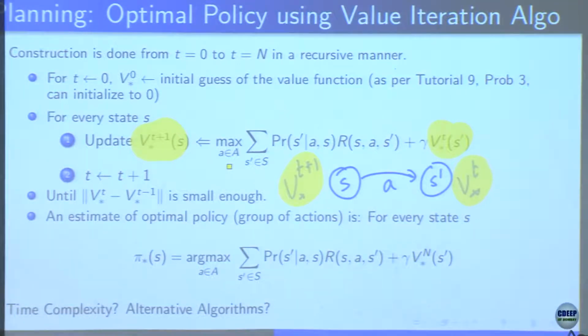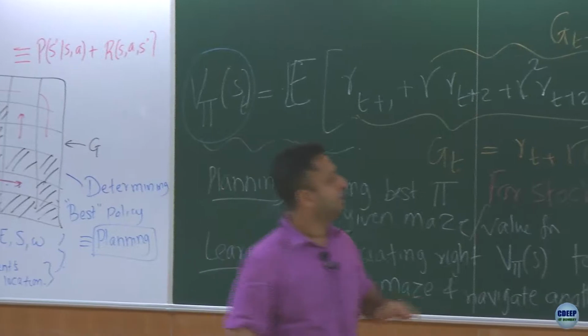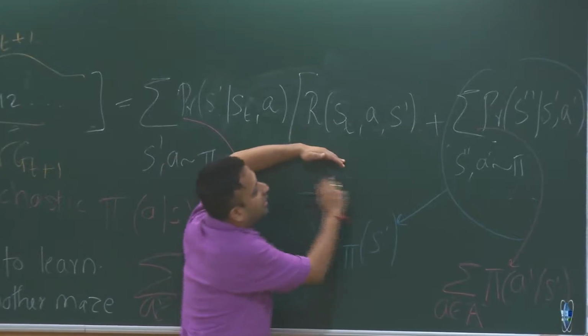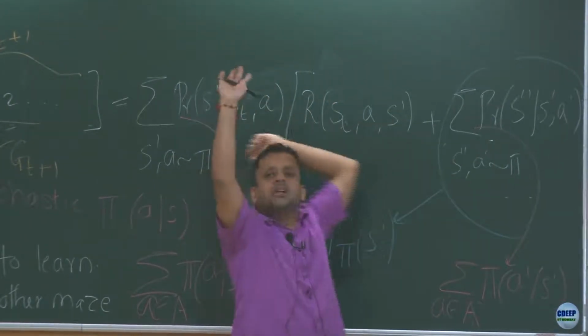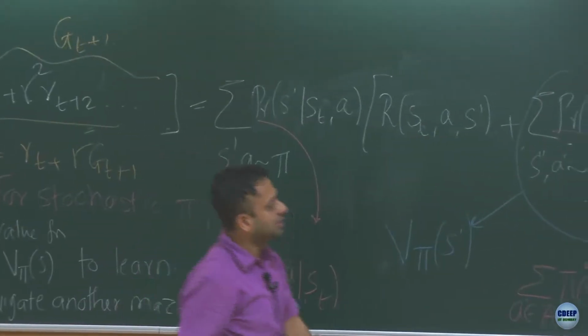So pi star would just correspond to that action which maximizes the current expected reward from the transition from S to S prime plus whatever else came from the optimal value iteration algorithm, right. So you are going to try and see which A maximized this component plus whatever came from all other best possible choices of actions. Okay, so that is the estimate of the optimal policy.